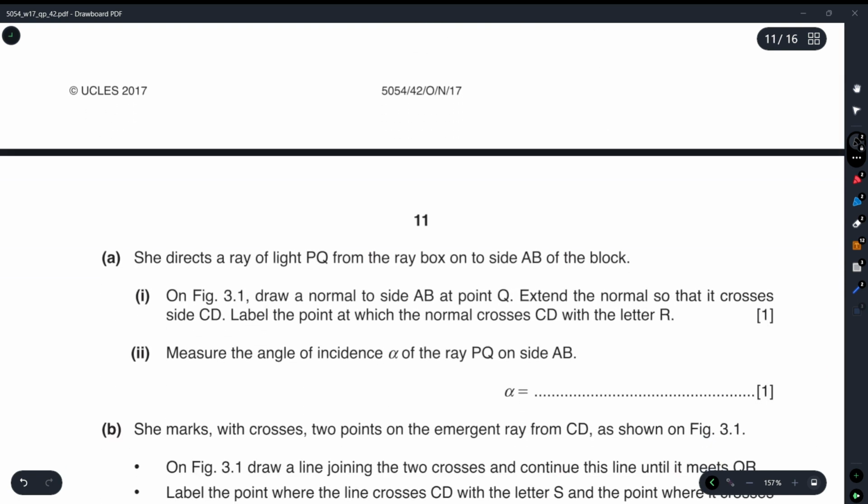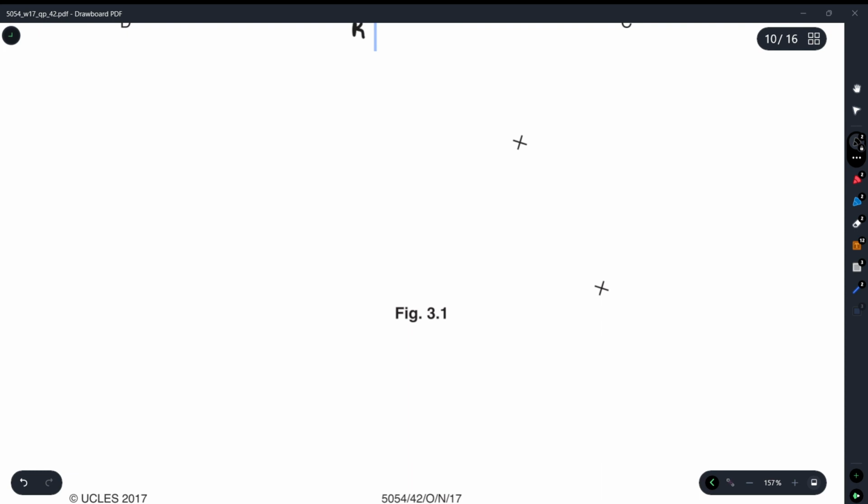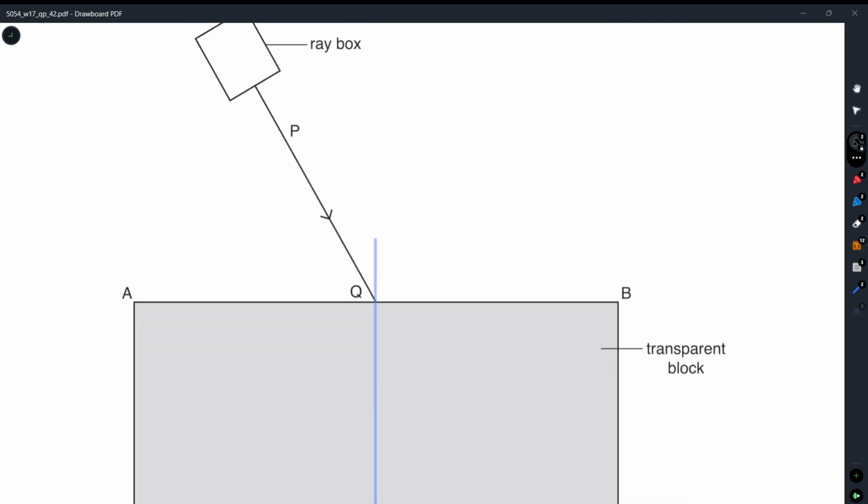Take care. Measure the angle of incidence of ray PQ on side AB. Ray PQ. All right. For that, I'll need to get my protractor.